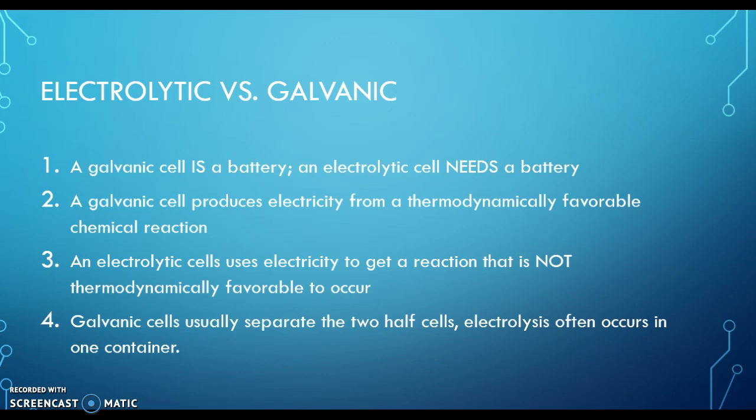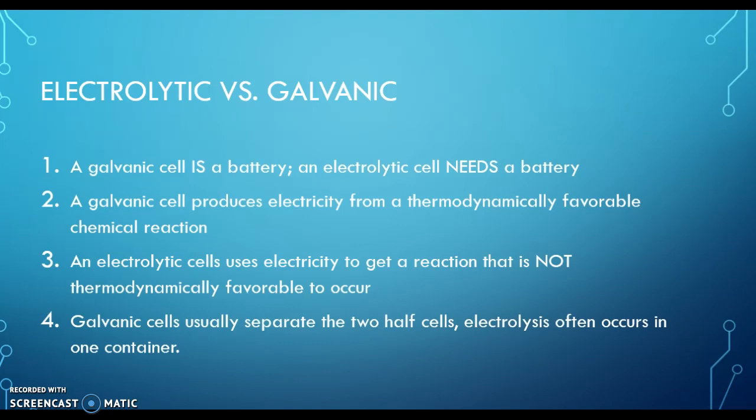So first let's make a little comparison between an electrolytic cell versus a galvanic cell, the ones we have been talking about for several days in class. A galvanic cell is a battery, but an electrolytic cell needs a battery to operate.